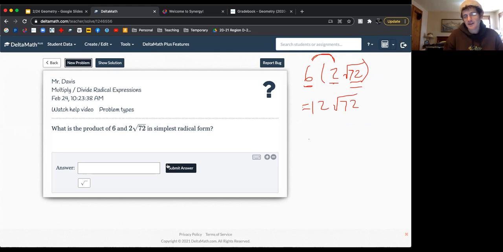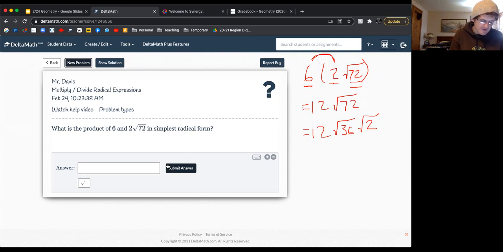And now what I need to do is figure out the best way of simplifying this. Now, luckily, that was the exact same problem we just had. So we know that this is the same as 12 times the square root of 36 times the square root of 2. All right, we got lucky that they gave us the same radical 2 times in a row. Okay.